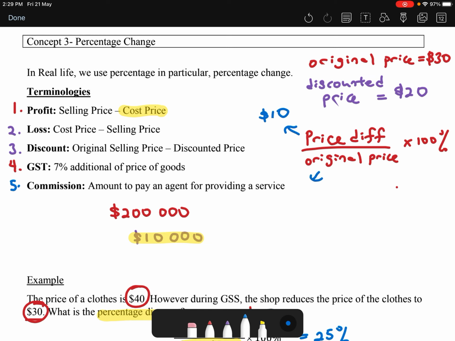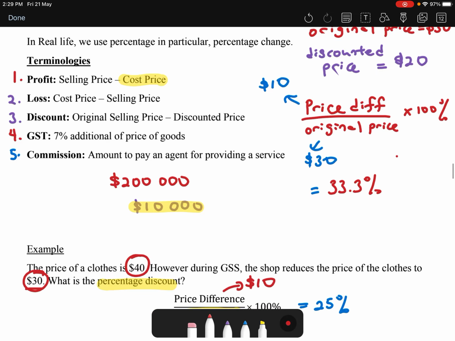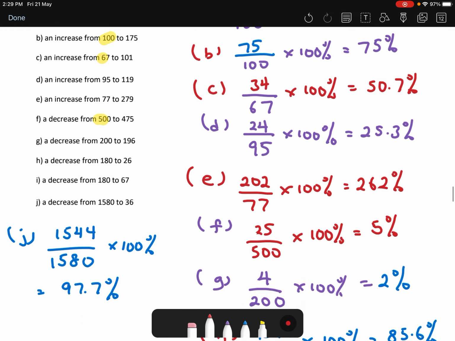My original price is $30. So 10 over 30 times 100%, you should get about 33.3%. So during the Great Singapore Sale, I gave a discount of 33.3%. This formula is very important that you must remember. So this is for percentage change.